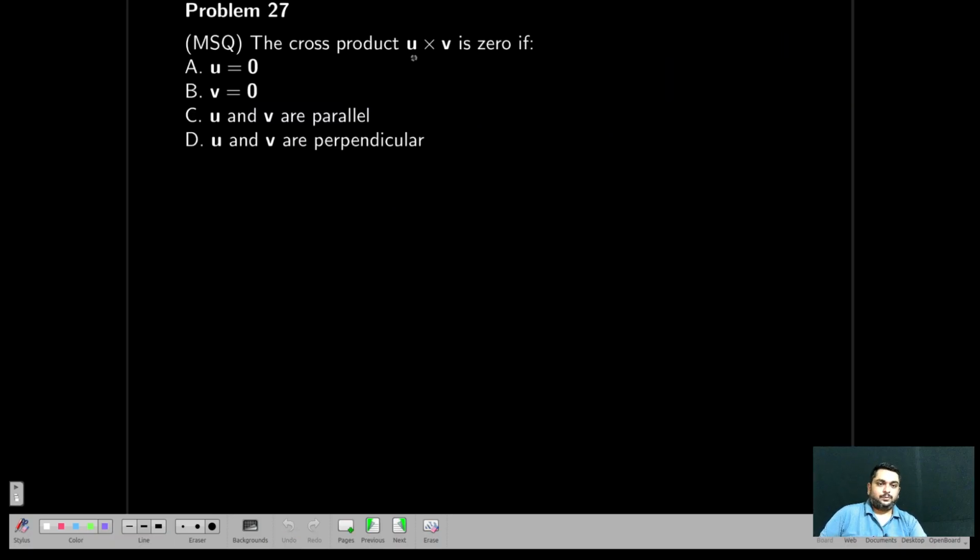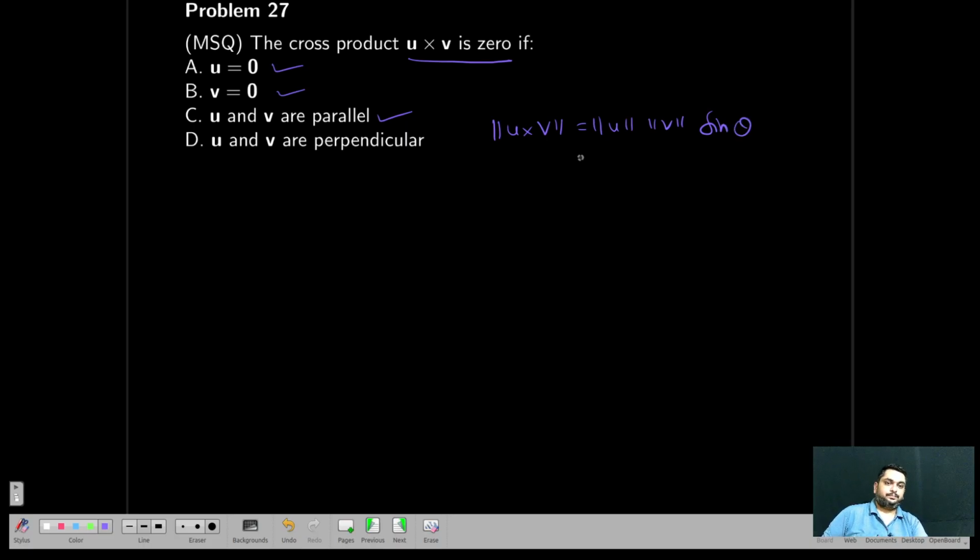The cross product u cross v is 0 if. u cross v is 0 means what? u can be 0, v can be 0. Then u and v are parallel. If u and v are perpendicular, then it's not 0. See, what is this cross product? u cross v is equal to |u||v| sin theta.